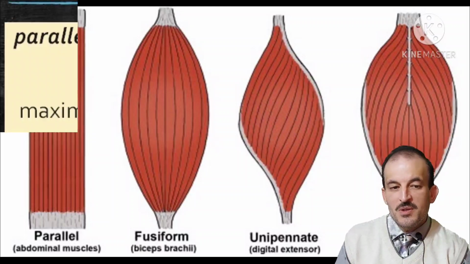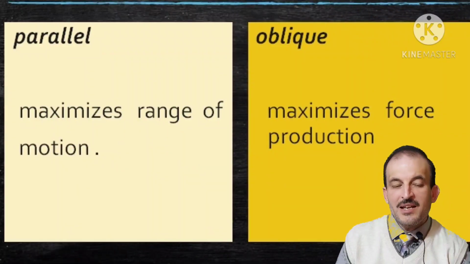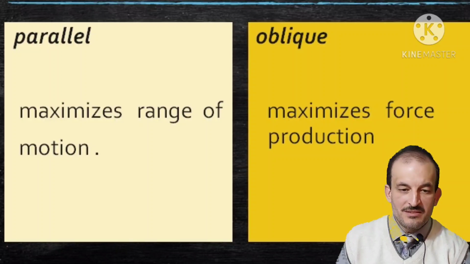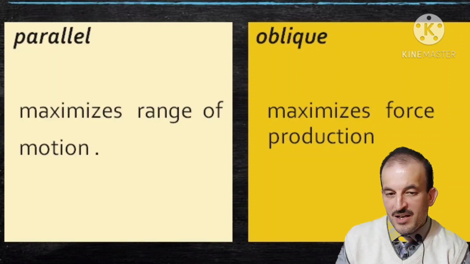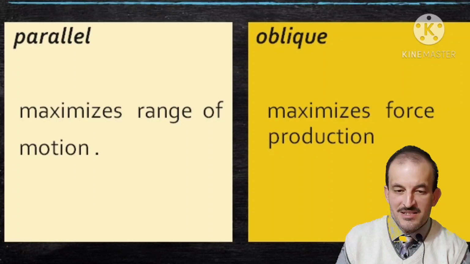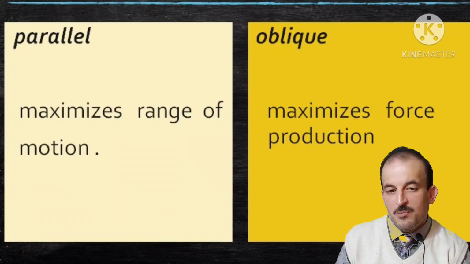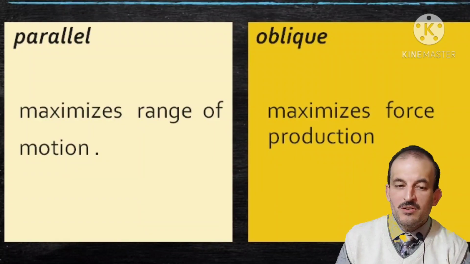The differences between parallel and oblique: the parallel fibered muscle maximizes range of motion, while the oblique fibers maximize force production. This means that the oblique fibered muscle has more force production than the parallel fibered muscle, which has more range of motion.